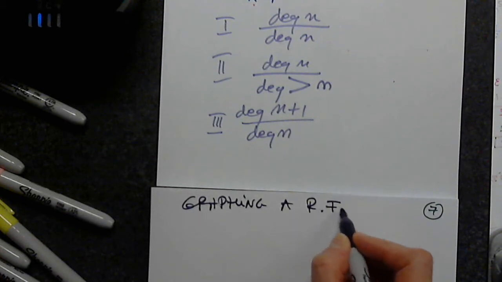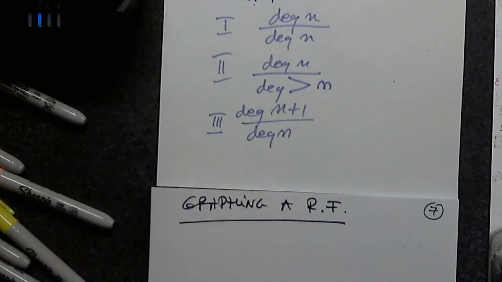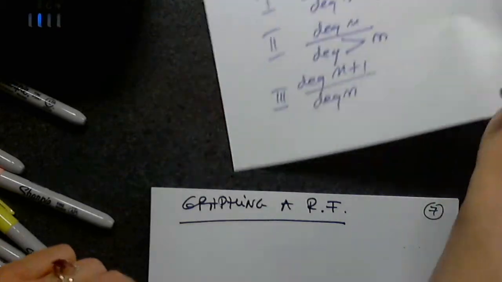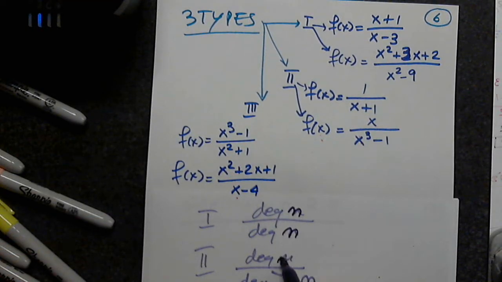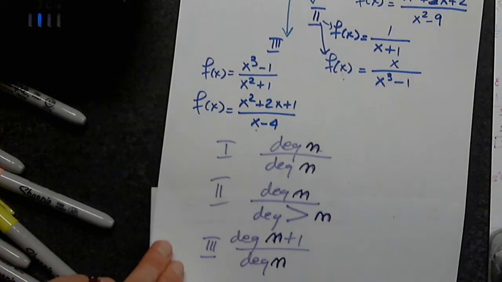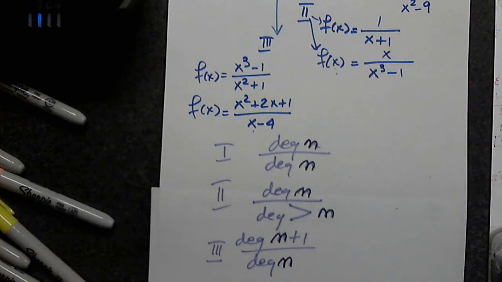Sorry, it's my mistake: they're all little n, all degree n. We normally don't talk about degree m. It's always degree n.